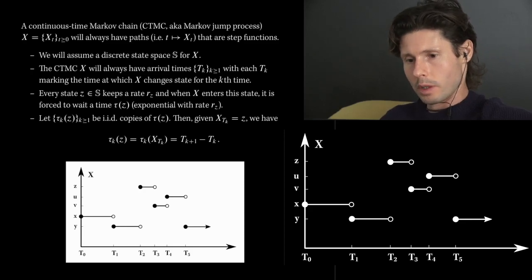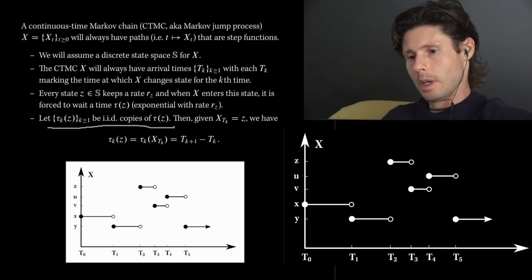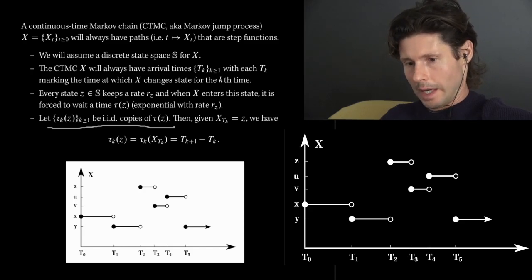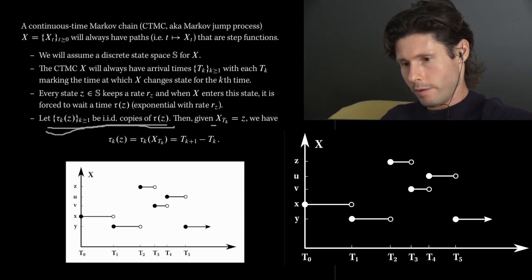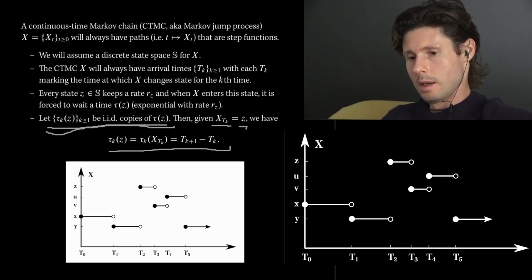And so what we're going to do is generate IID copies of tau z. And of course, it doesn't have to be state z in particular. We could do this for state x, for y, for v, for u, for all of them. We're going to generate these IID copies. And now, if on the kth change of state, xtk is equal to z, which just happens to enter state z, then this is the amount of time that we wait, tau k z.